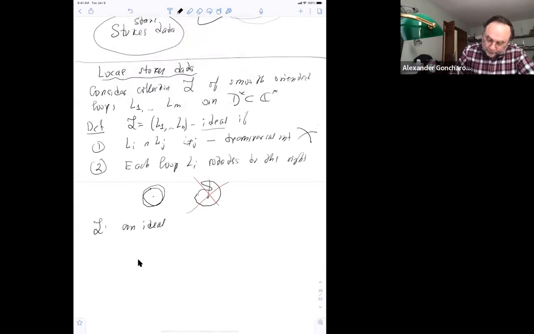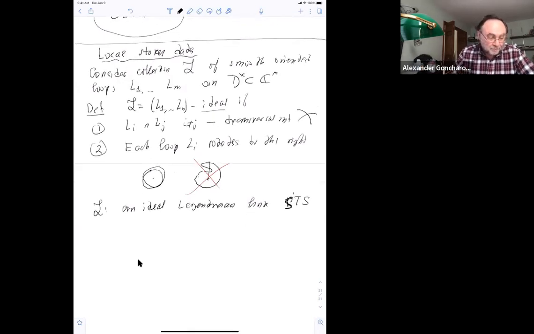Legendrian link, because you can put this into the projectivized tangent bundle of your surface. I mean, sphericalized, I would say, tangent bundle of your surface.